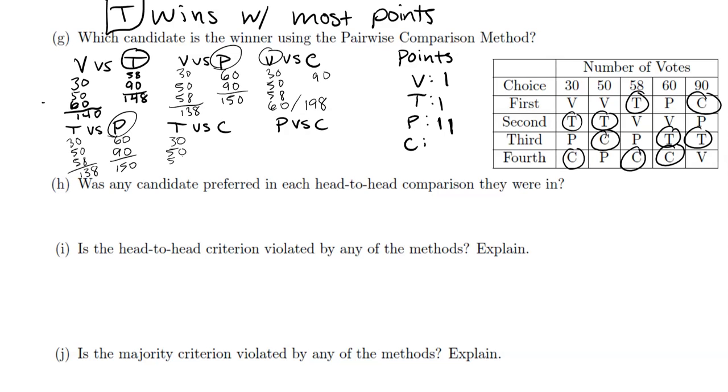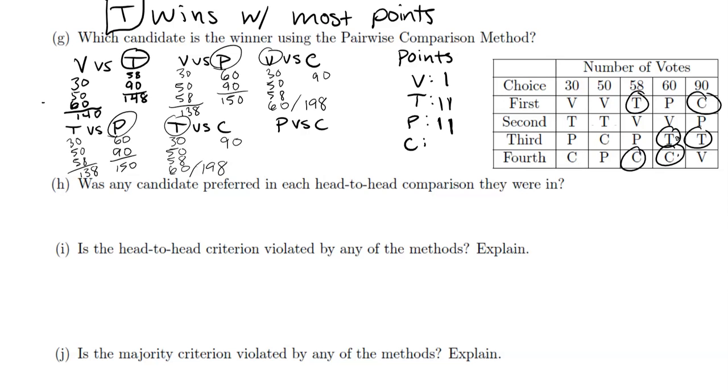They also get the 58. T is preferred to C in the fourth, so they get 60. And then C is preferred in the last, so they get 90. So that in total then gives T 198, which makes T the winner there.